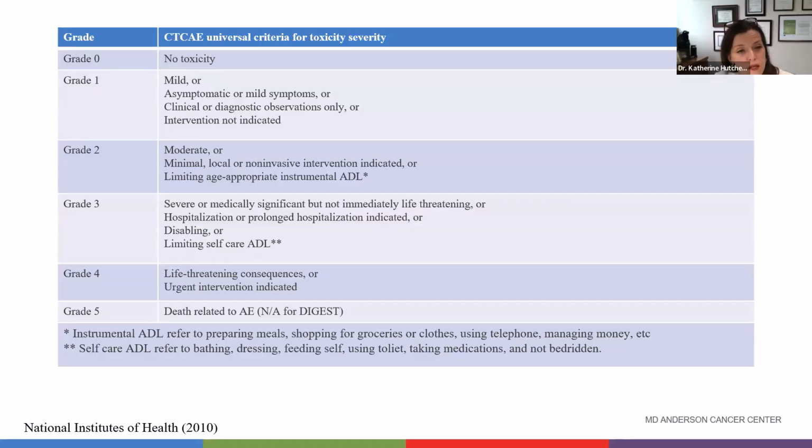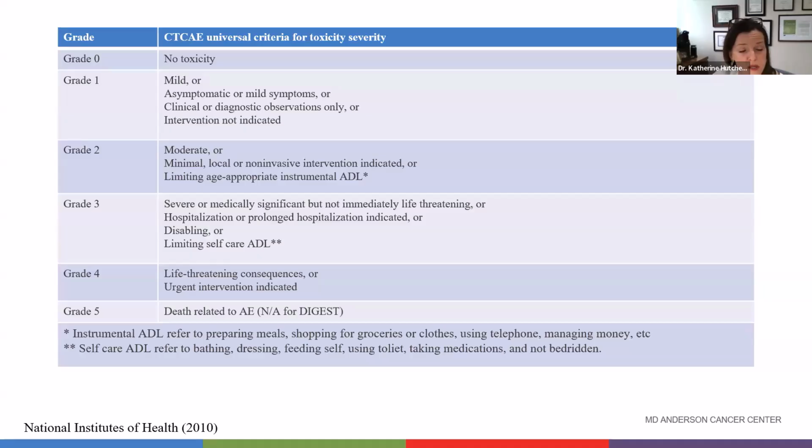Or it could be a scenario where the side effect, the toxicity, is severe enough to cause hospitalization or prolong a hospitalization, or is disabling, or is limiting sort of lower level activities of daily living, like bathing, sort of the fundamentals, bathing, dressing, feeding, etc. And then grade 4 is a life-threatening toxicity, or a scenario where urgent intervention is indicated.